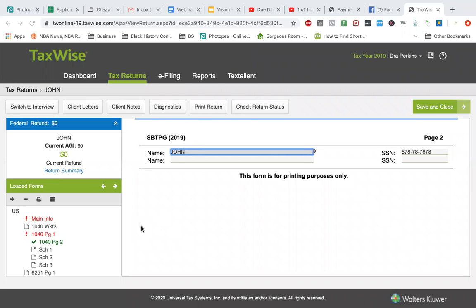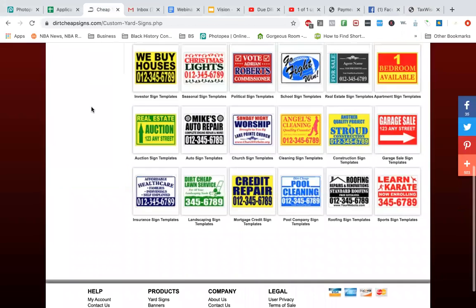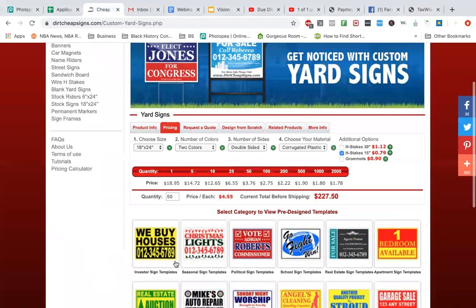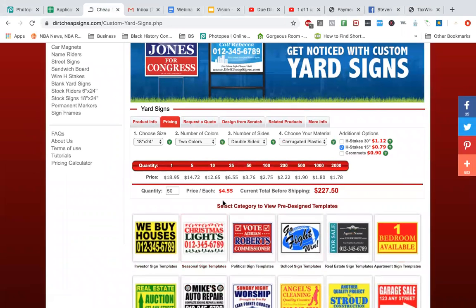And once you guys get your P10 and you start doing estimates, you can go ahead and start ordering your bandit signs. And if you go to this website called dirtcheapsigns.com, guys, you can go ahead and create your bandit sign, and it'll tell you the price right away. So for the type of signs that I'm getting, 50 of them, it's $227.